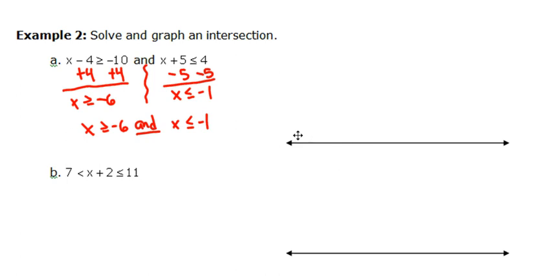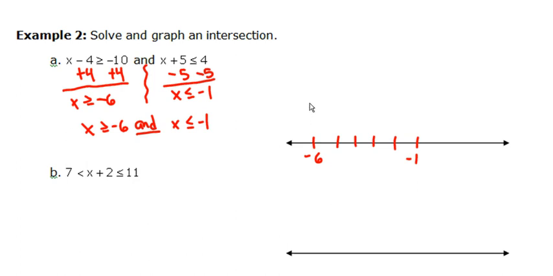Now, when I graph this, the negative 6 is the smaller number, negative 5, negative 4, negative 3, negative 2, negative 1. Now, I'm going to draw this above the line so I can show you what my actual solution would be.